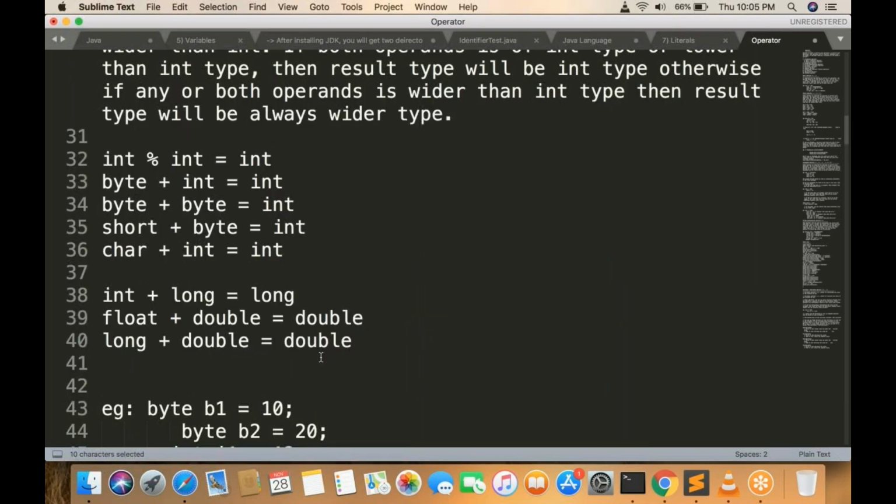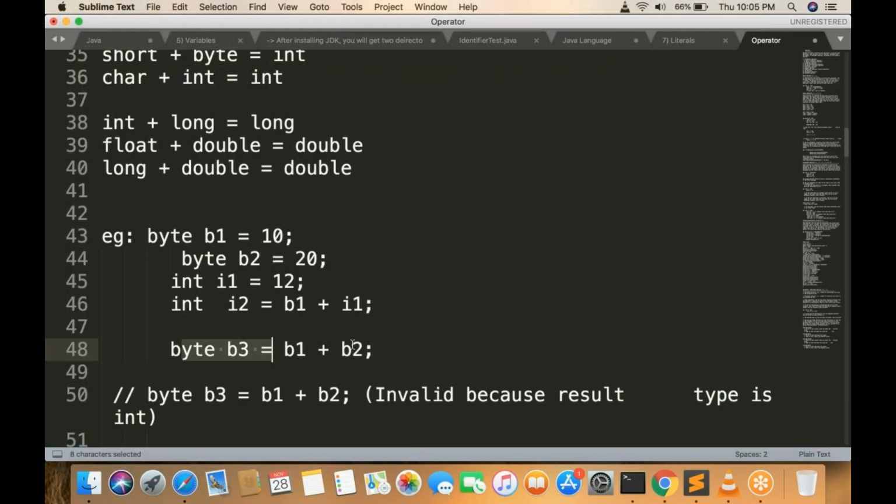Abhinay, just please tell me why it is invalid. If you are not understanding this, it is difficult to understand further things. Why is it invalid? Quickly respond, please. Have you understood this or not? Forget about typecast.